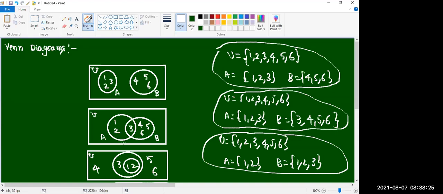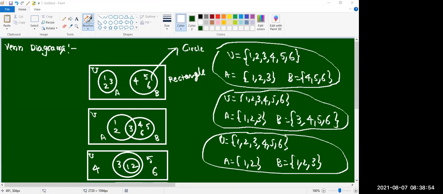In the Venn diagram, the universal set is represented by a rectangle, and in that subsets are there. Subsets are denoted by circles. Very good.